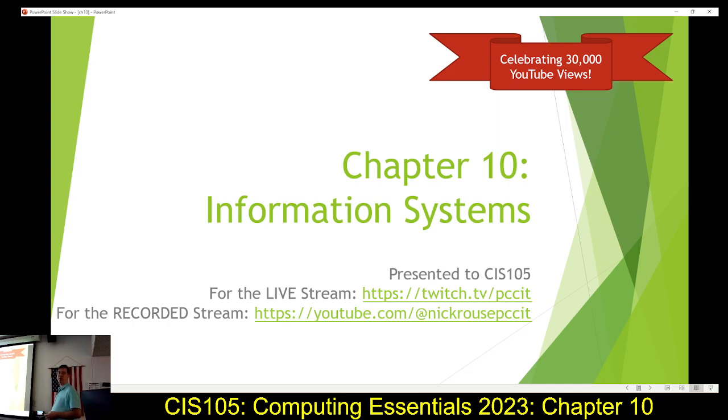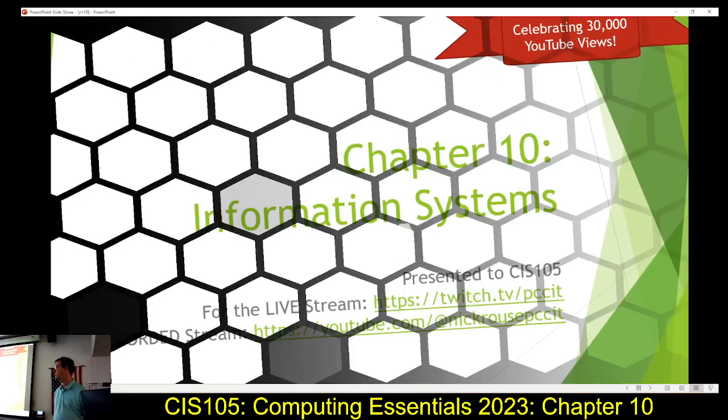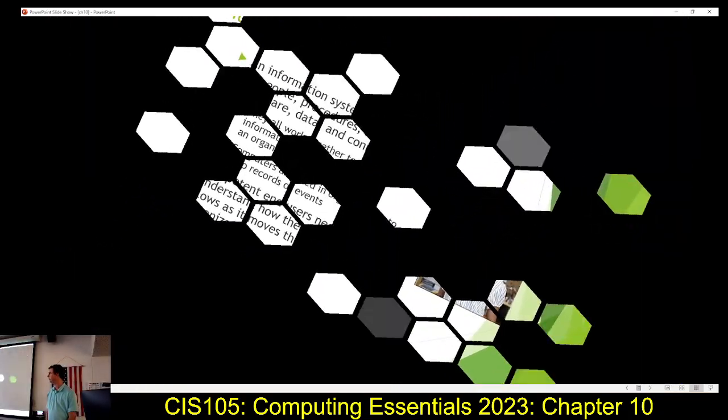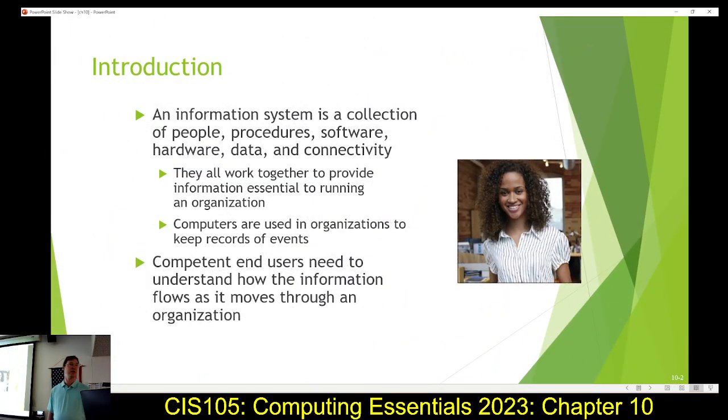So in chapter 1, we talked about the parts of an information system. We've looked at information systems very broadly so far. In this chapter, I'm going to go into a little bit more detail as to what information systems are and why we use them. I talked about this before, the 6 parts: people, procedures, software, hardware, data, and connectivity.